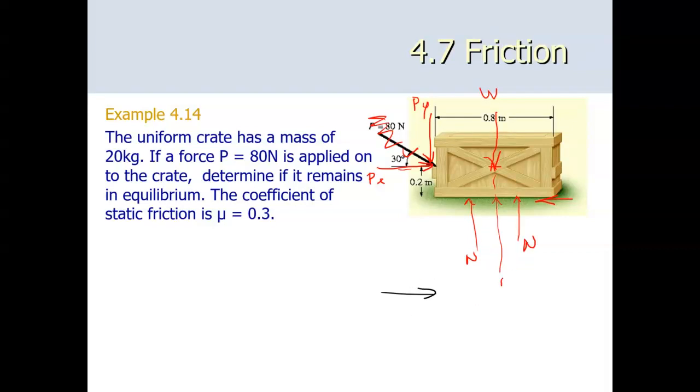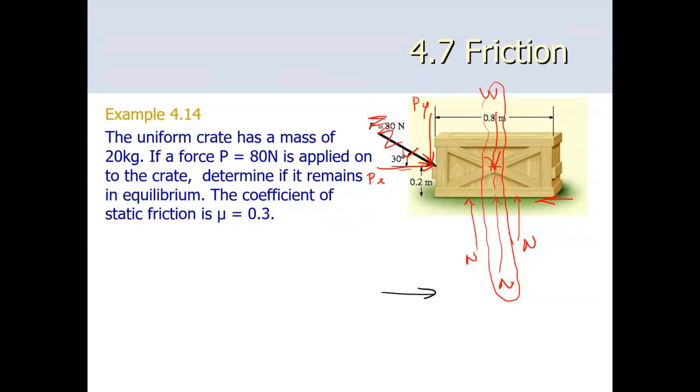Because if I put normal force at the center, then these two forces, they can cancel each other, and then you would produce a rotation by Px, and you would create a rotation by Py, and these two cannot be contracted.